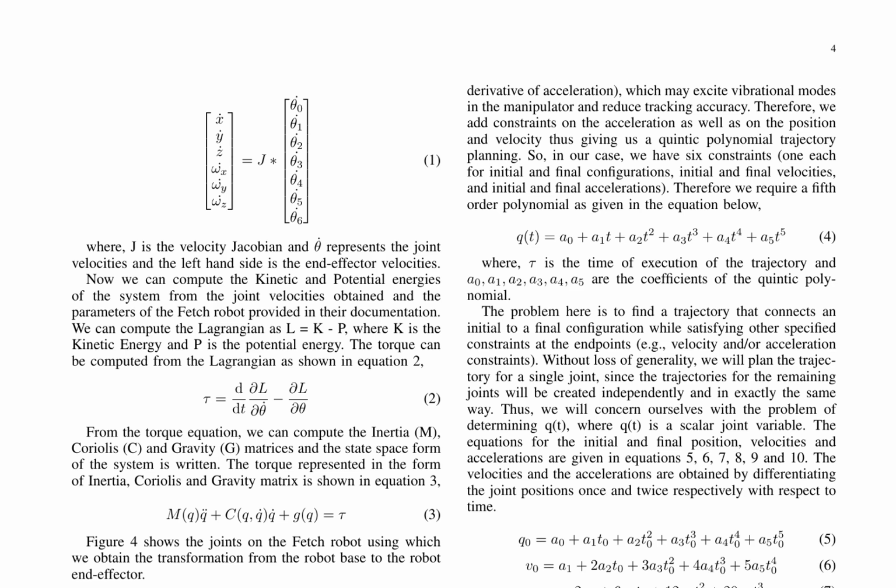This torque equation yields the inertia matrix, M, Coriolis matrix, C, and gravity matrix, G. The state space form of the system is M(q) q-double-dot plus C(q, q-dot) q-dot plus G(q) equals tau. Transformation from the robot base to the end effector is obtained using the joints of the Fetch robot, as shown in Figure 4.